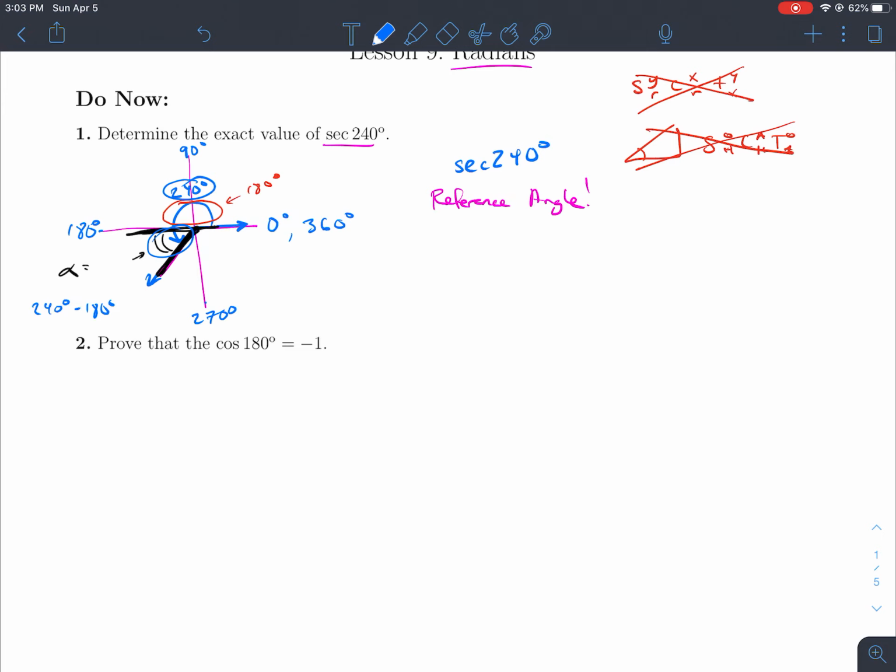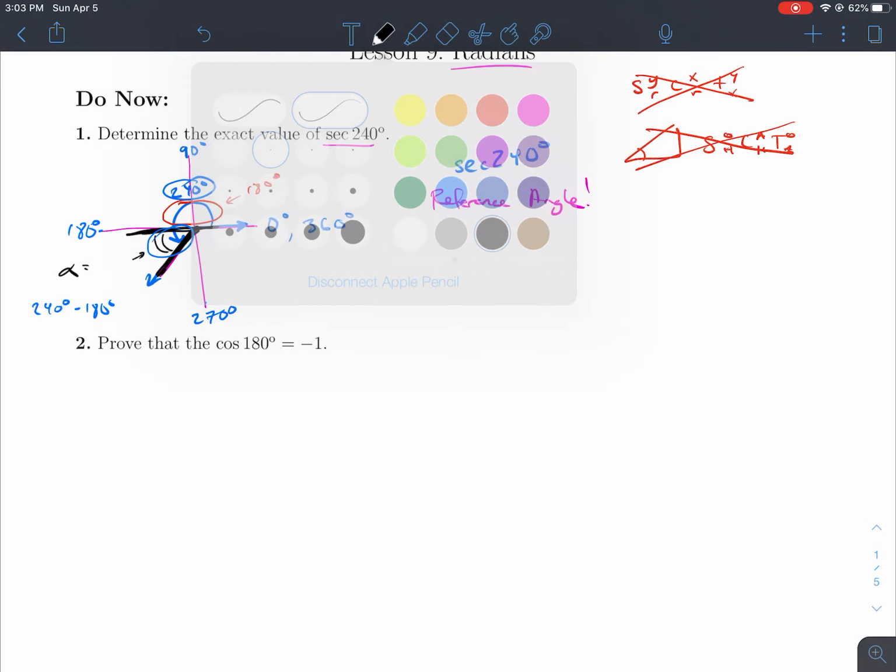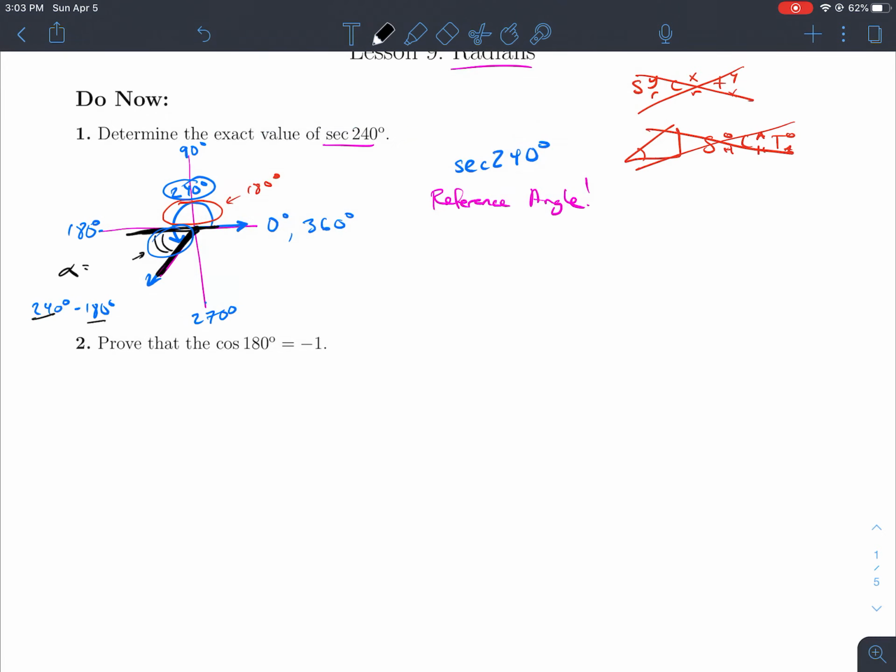And so when we do that calculation, 240 minus 180, that leaves us with 60 degrees, and so alpha is 60 degrees. So the way that we use this is we know that the secant of 240 degrees is going to be very close to the secant of 60 degrees. So we use the wavy equals for almost equal to.